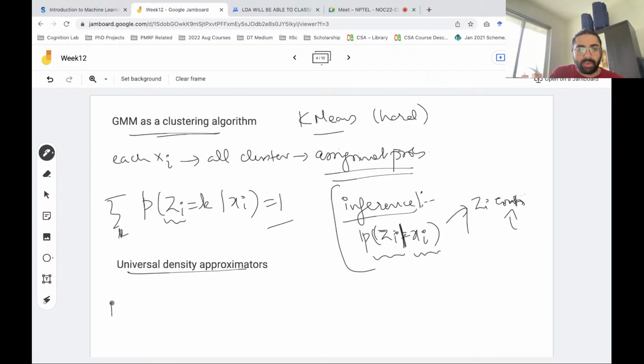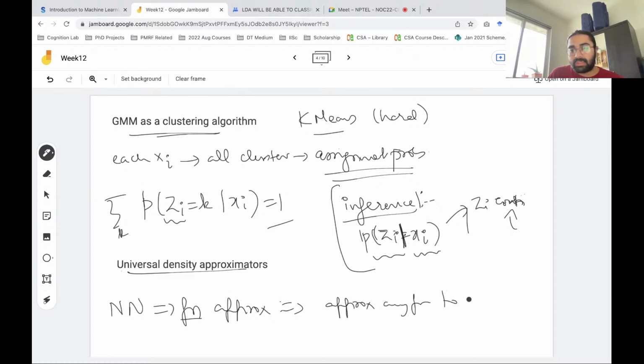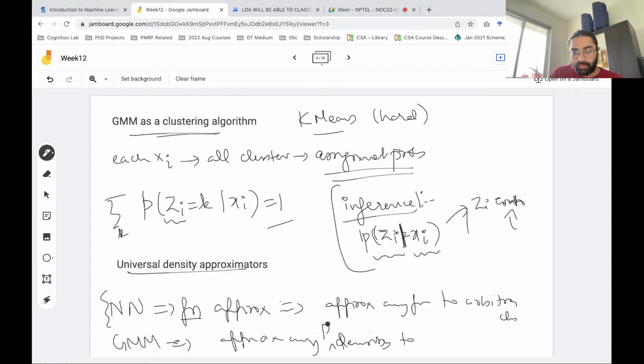We already know that neural networks are universal function approximators, so I can approximate any function to arbitrary closeness. In the same spirit, GMMs can approximate any density, that is your probability density, to arbitrary closeness.